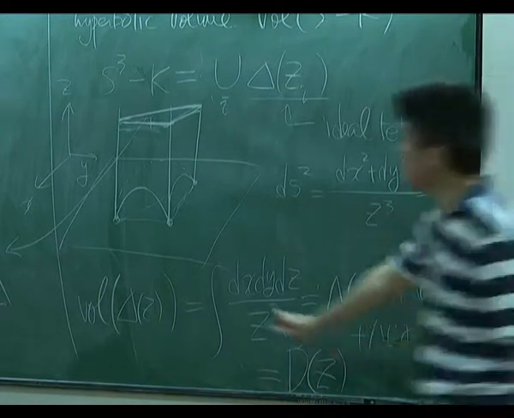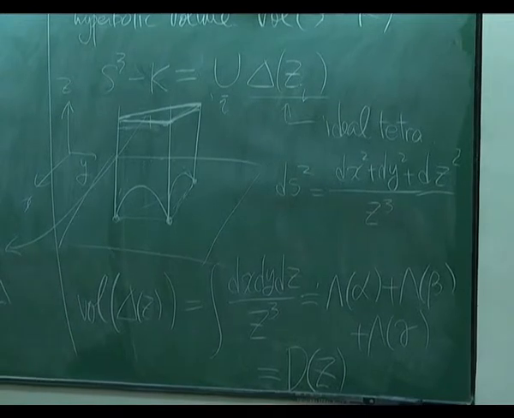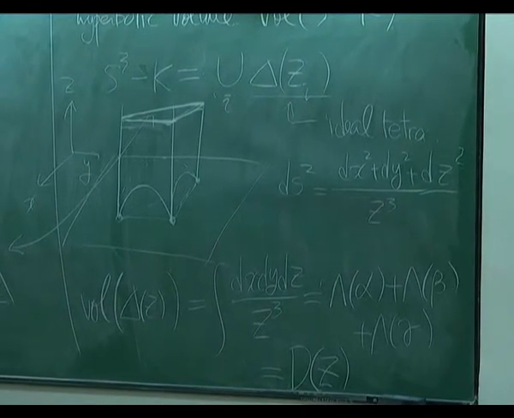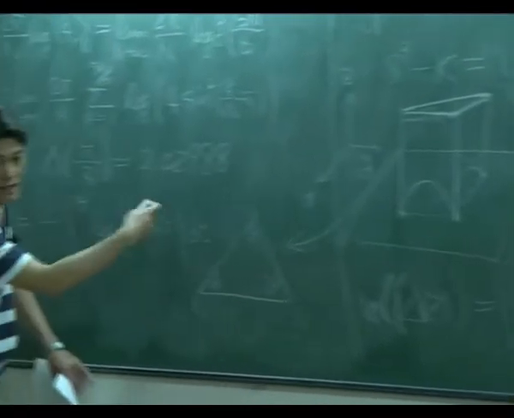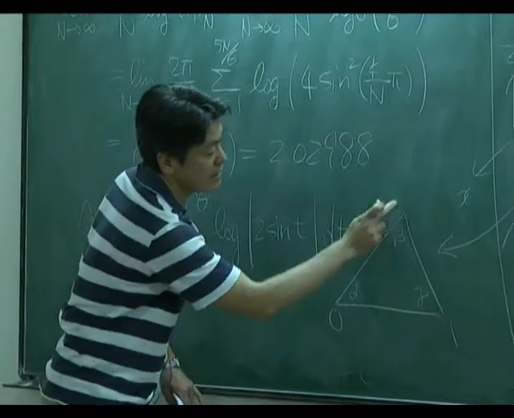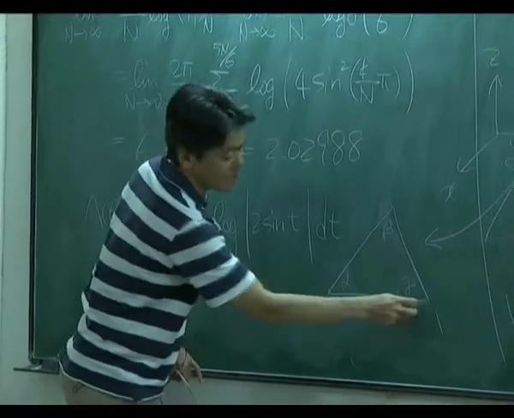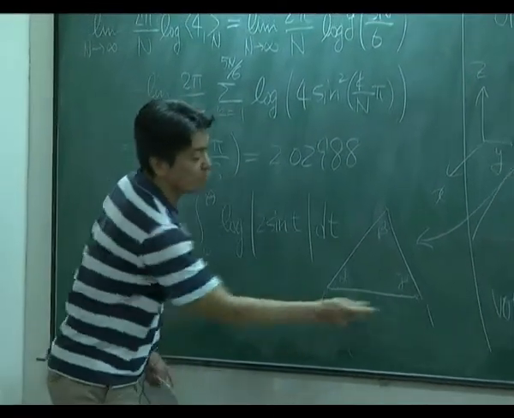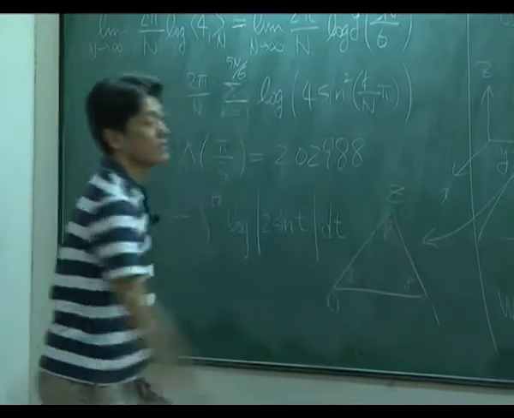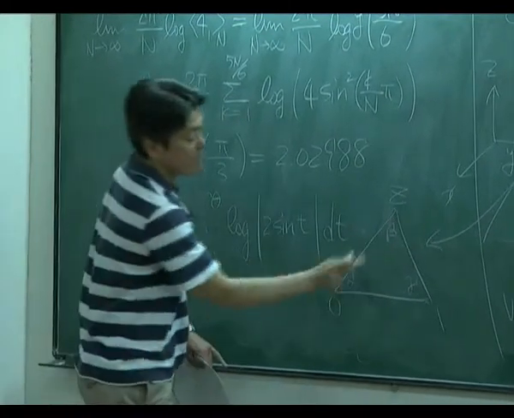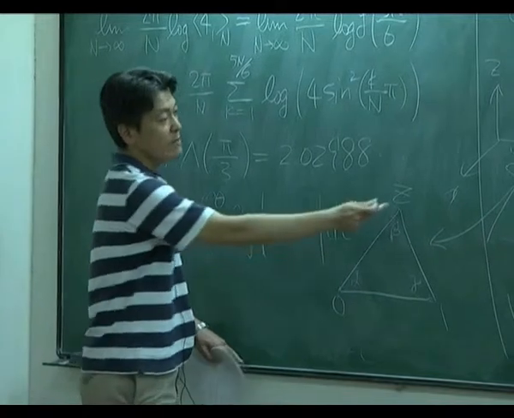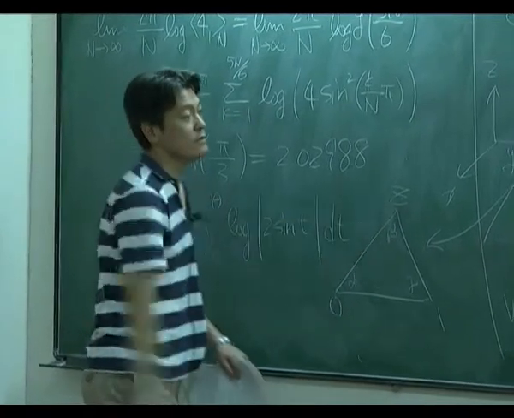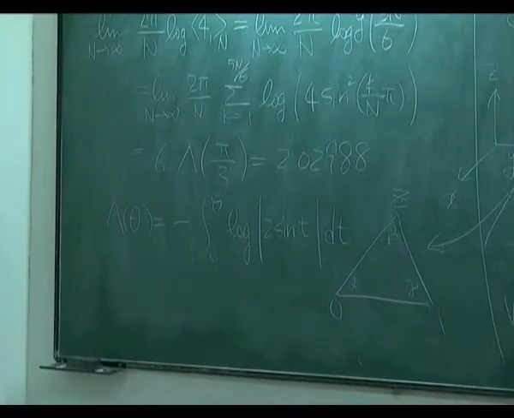Here, z is just, we assume in the complex plane, the coordinates of the three vertices are 0, 1, and z. So alpha, beta, gamma are determined only by a unique complex number z.